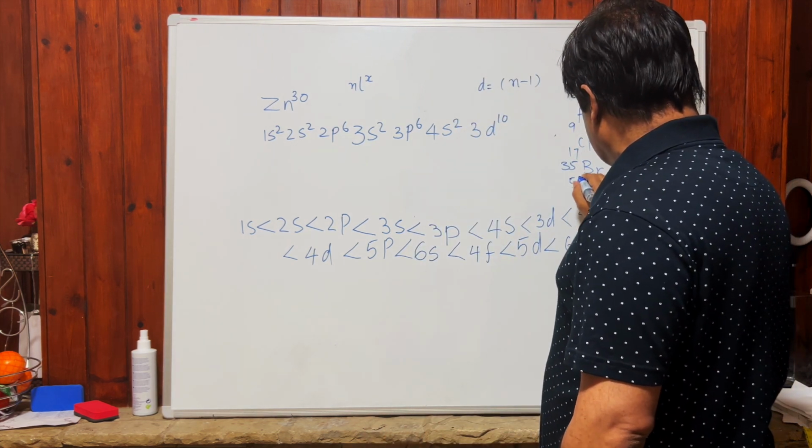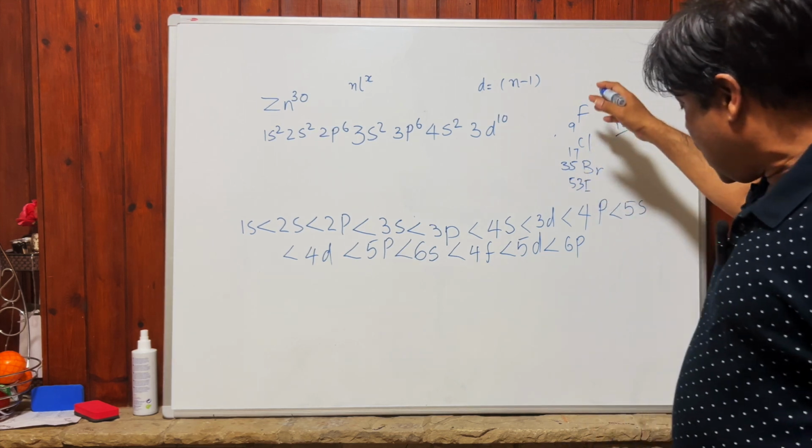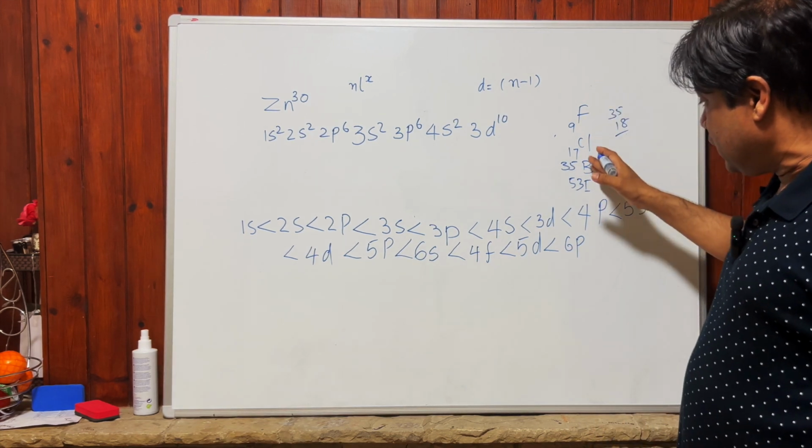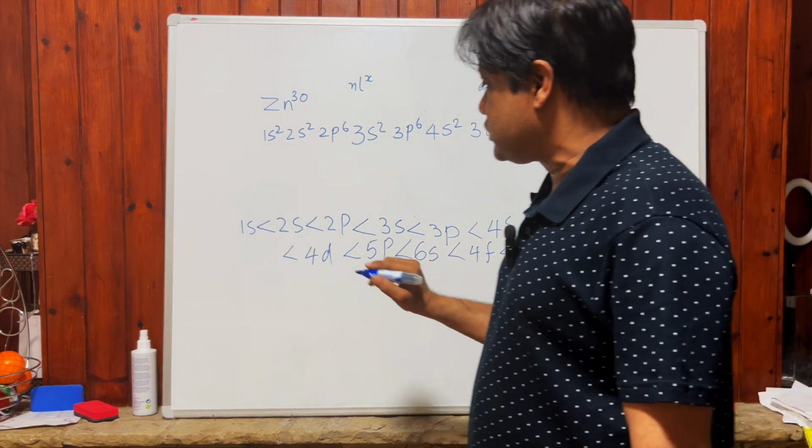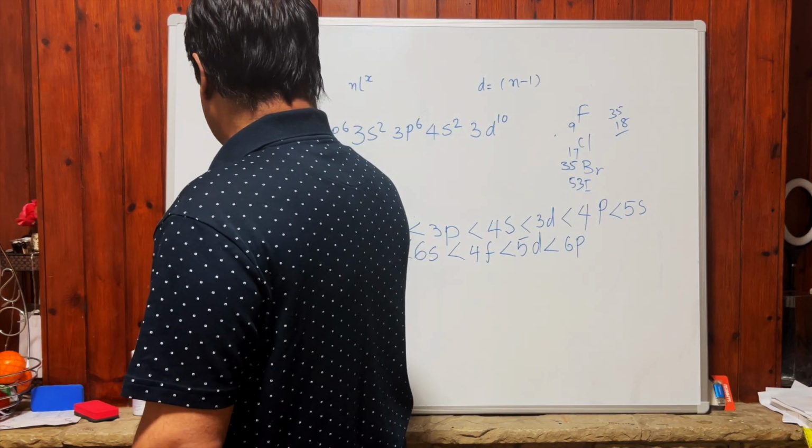Yeah, 53. I will teach you how to find the atomic number of elements in the periodic table. So just write the electronic configuration.